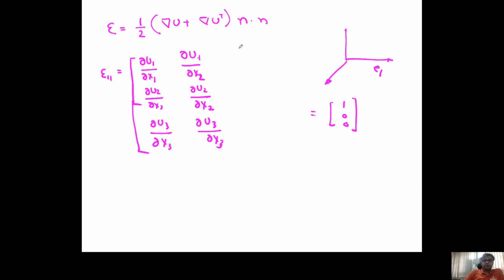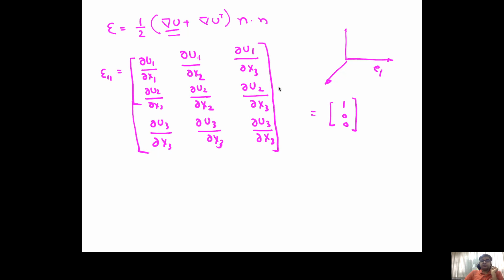So this will get to this point. Del u1 by del x3, del u2 by del x3, del u3 by del x3. So this is this part, right? And I have to add it to the transpose of this part.